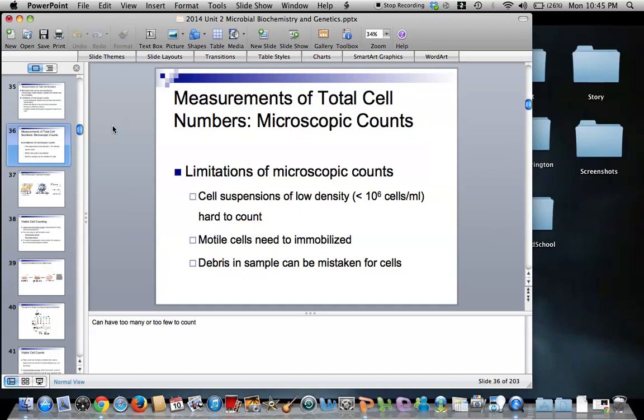So cells are in a low concentration. Motile cells need to be immobilized, and debris can be mistaken for cells. So cells are in a relatively low concentration, motile cells need to be immobilized, and the debris can be mistaken.